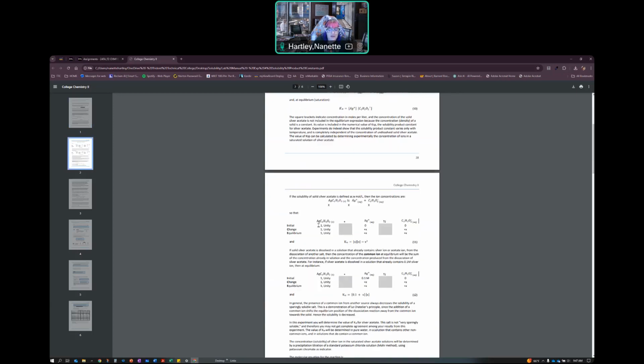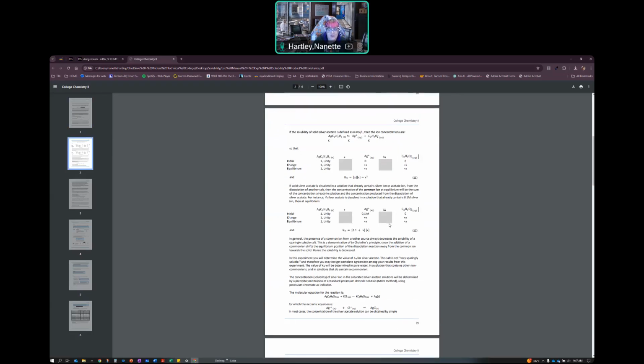And we're looking at how we write an ICE table for this, and of course, the solid being very large comparative to the concentration of either of the ions. We're looking at the concentration of either of these, being related to what we're putting into this, okay?